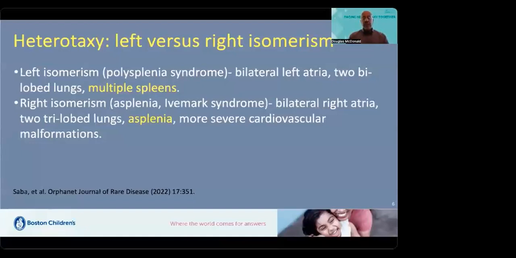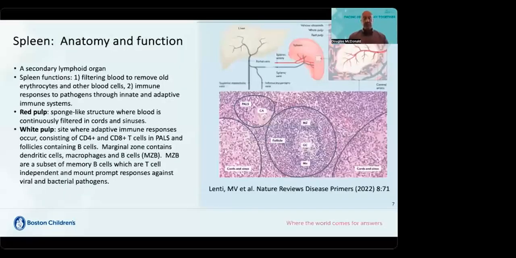Right isomerism, however, is characterized by asplenia, also referred to as Ivemark syndrome, is characterized by bilateral right atria, 2 trilobed lungs, asplenia, and tends to be associated with more cardiovascular malformations.